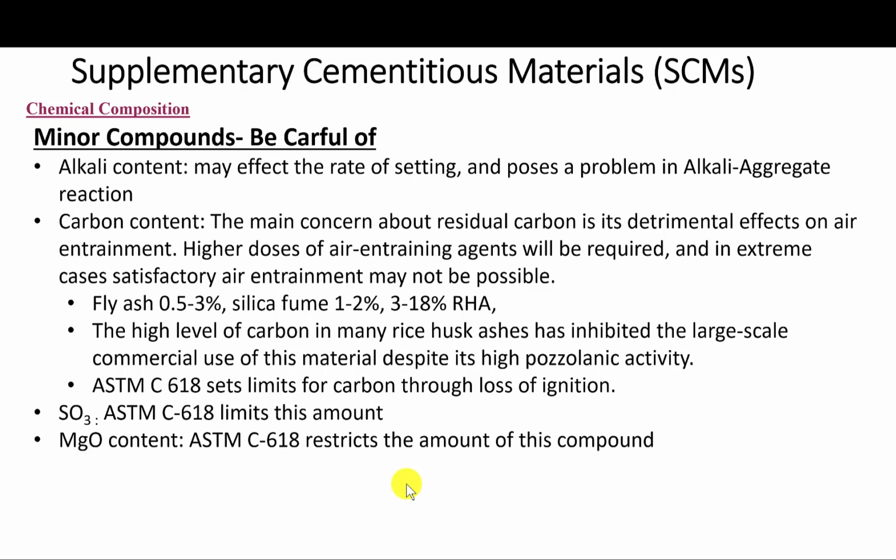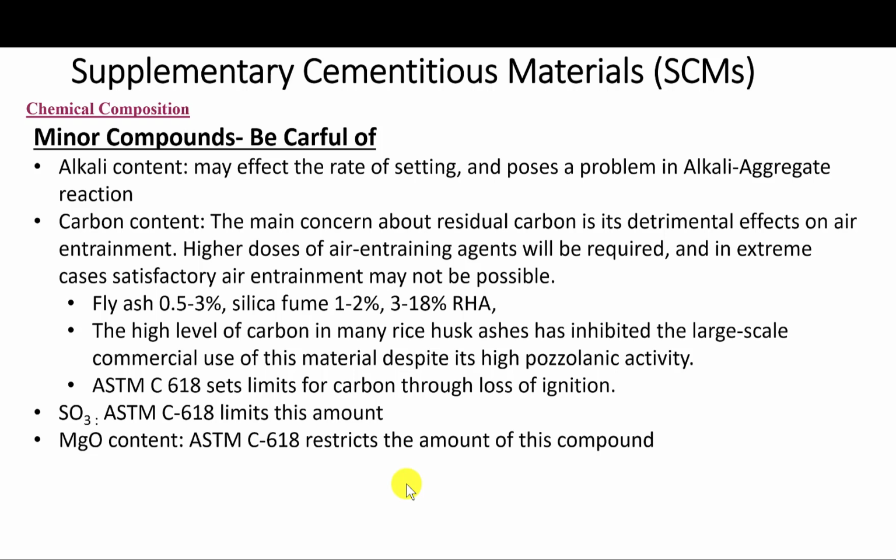In a few cases, many pozzolans may contain alkali oxides or alkalis, and we talked about these before. In the case of fly ash, these are often in the form of soluble salts that have been intentionally added to improve the efficiency of electrostatic precipitators, as you will see during the process. And they may occasionally influence the rate of setting. So that's something you have to be aware of.